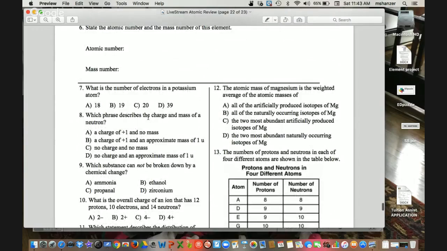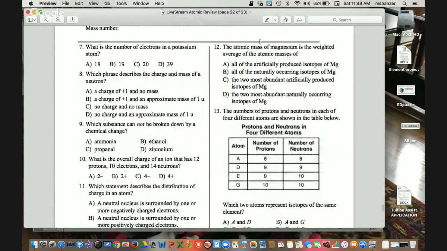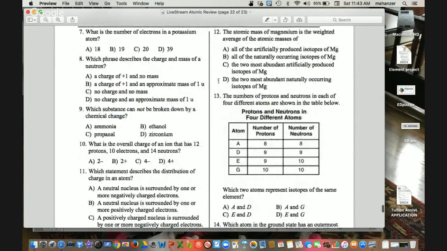All right, let's go on to question 12. The atomic mass of magnesium is the weighted average of the atomic masses of, and this goes back to the example I talked about before, all of the artificially produced isotopes of magnesium, no. All of the naturally occurring isotopes of magnesium, yes, this is true.